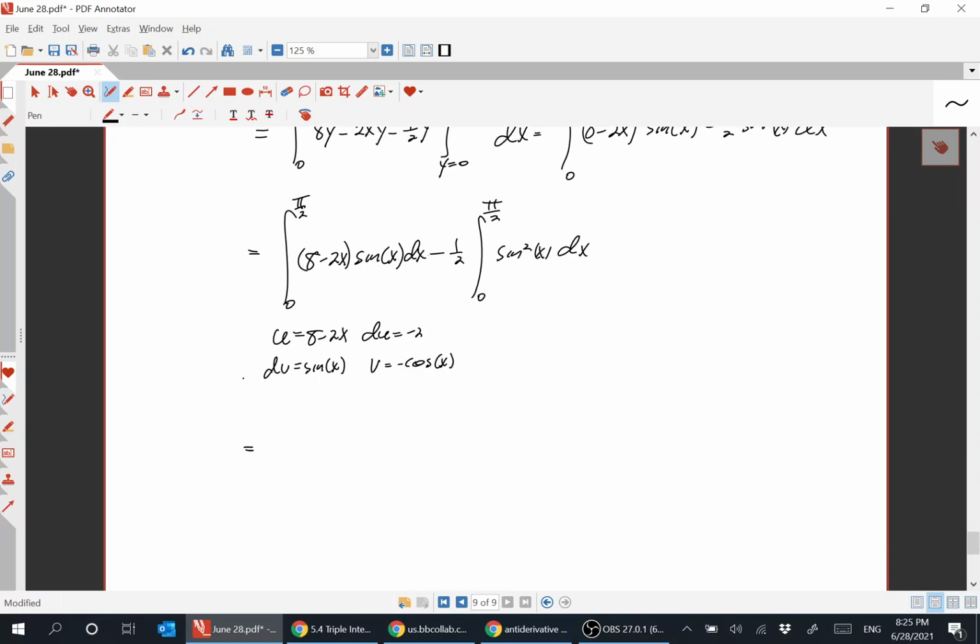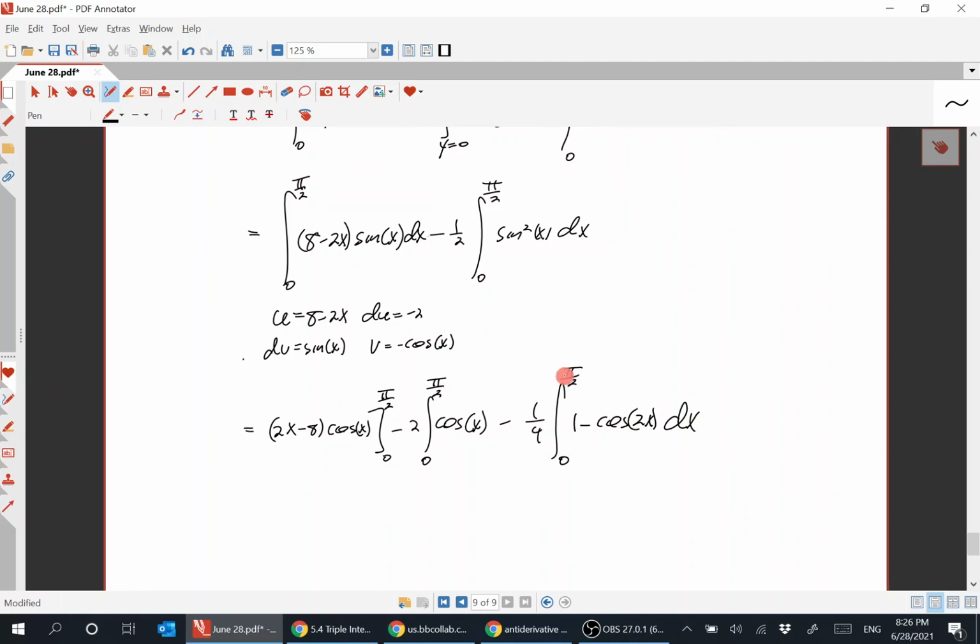So this first integral is u times v, so it's 2x minus 8 cosine x from 0 to pi over 2, and then minus v du, so it's minus 2 cosine x. Minus, this one you've got to use that double angle formula, 1/4 times 1 minus cosine 2x dx.